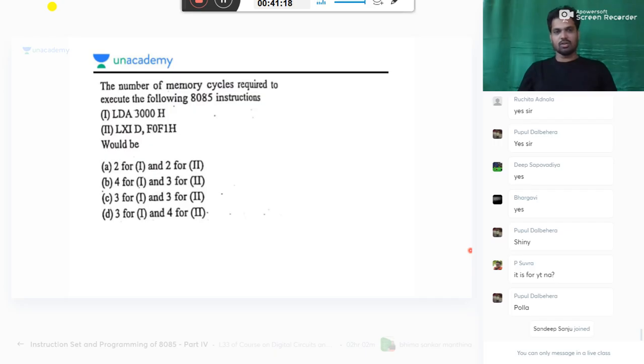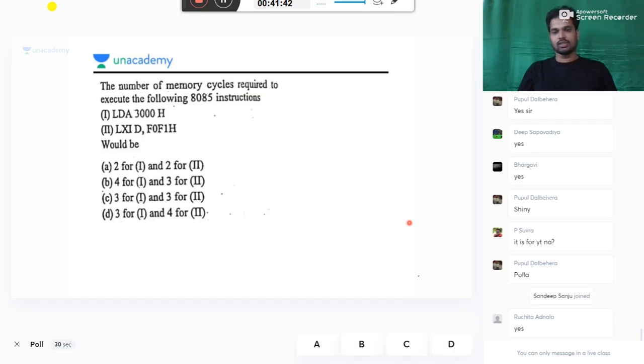Just how many memory operations? You know the machine cycles I told earlier. In load accumulator, what happens? In LXI, what happens? Even if you don't remember, you can answer. If you understand the instruction properly, you can answer it. I started the poll.